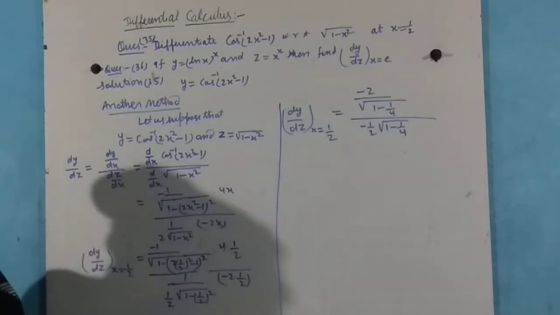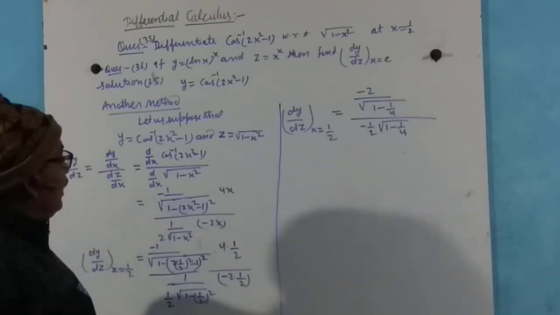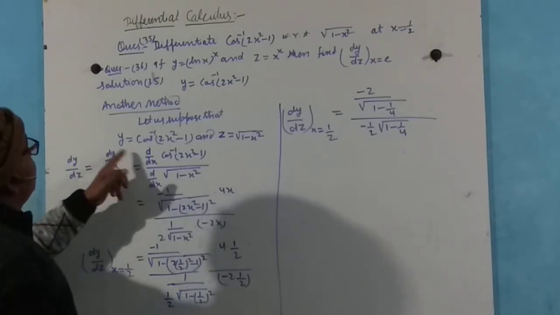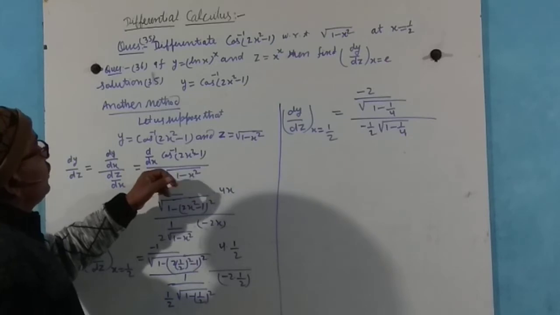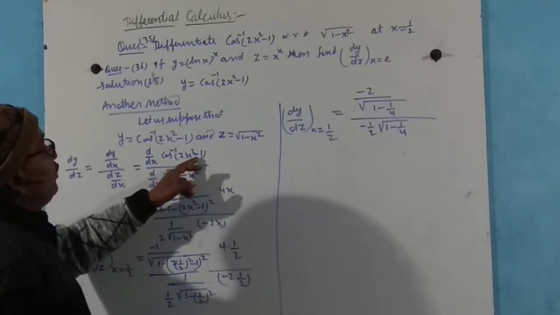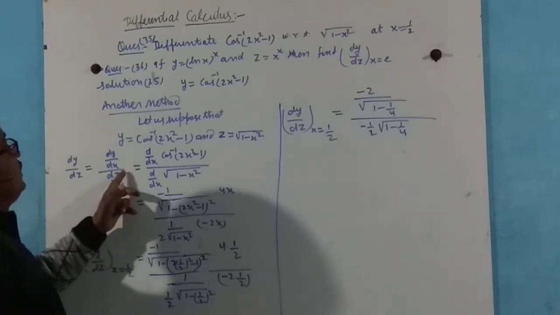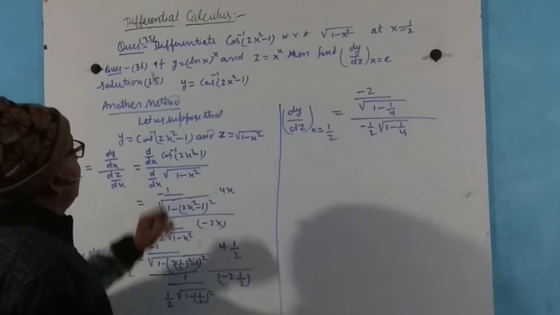Here differentiate with respect to x, because x is the parameter, so that dy by dz is equal to d by dx of cos inverse (2x square minus 1) divided by d by dx of z, and z is here under root 1 minus x square.